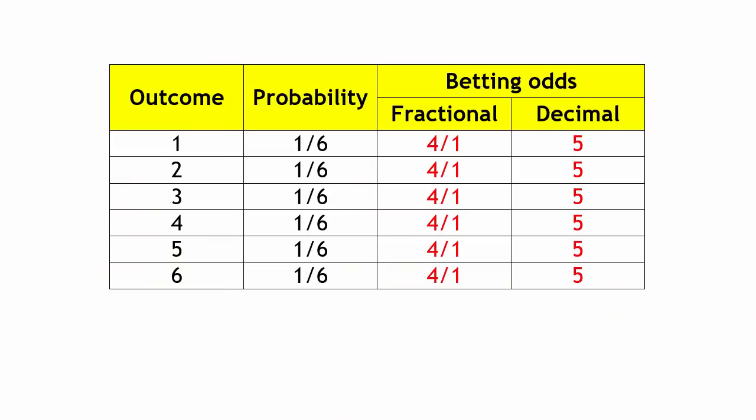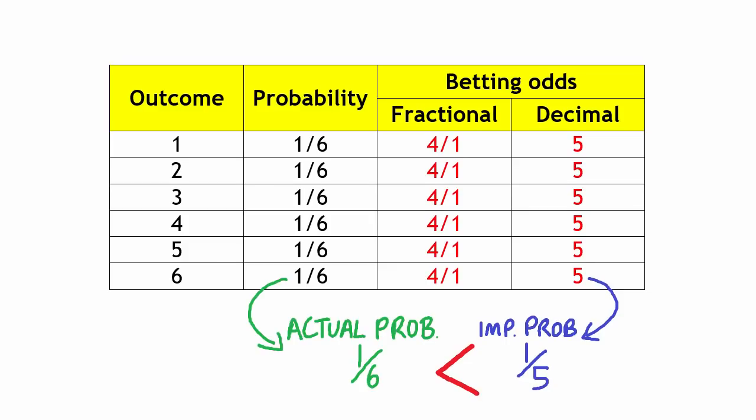But then consider the second example where you tweak the odds a bit. Rather than having the odds at 6, you have the odds at 5. If you find the implied probability from those odds, you will get 1 over 5, which is greater than the actual probability of any side of the dice coming up. With the odds that you set out, you're implying that the number 4 coming up is more likely than it actually is.